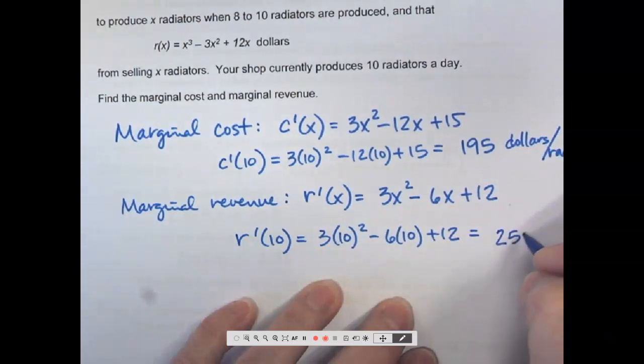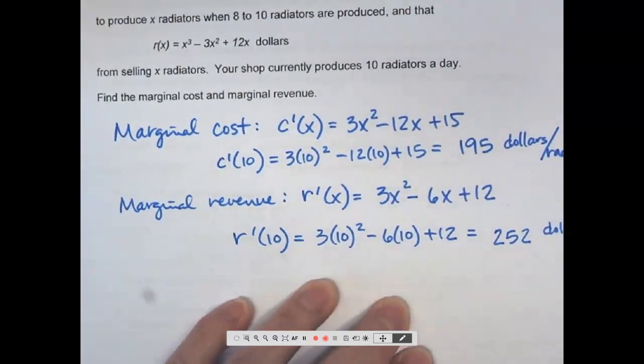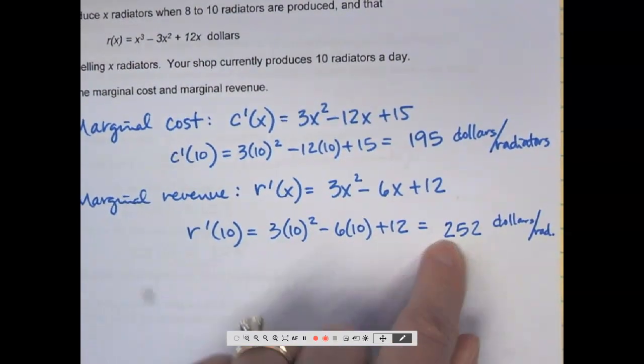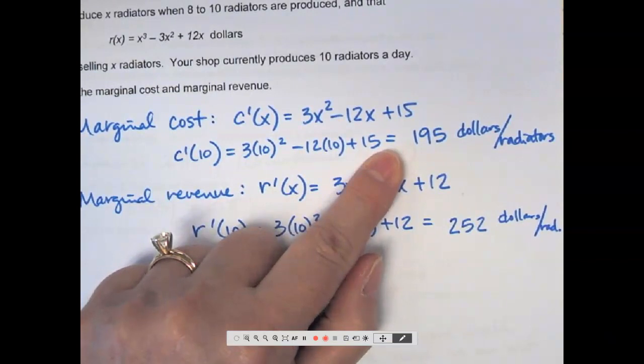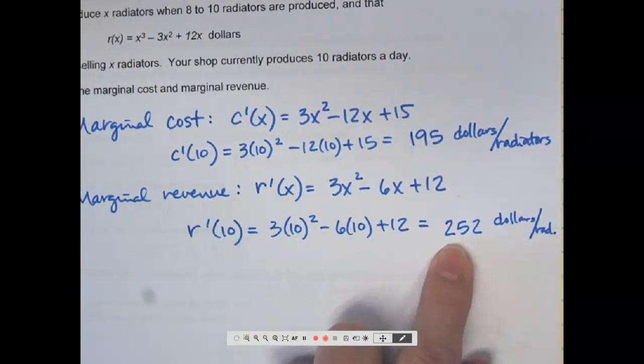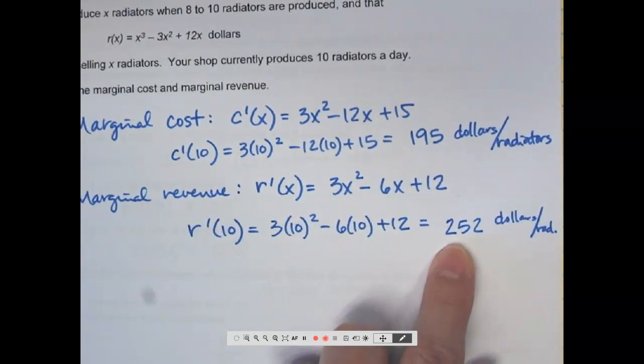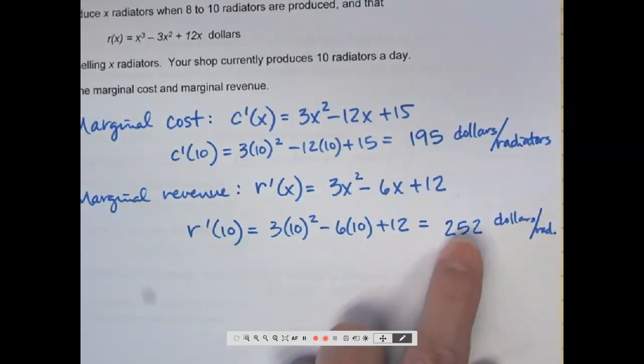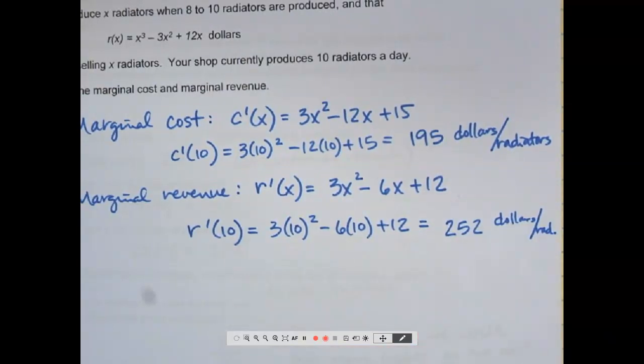It's $252 per radiator. Okay, so at least my revenue is staying ahead of my cost, which is a good thing, right? And my revenue is positive, which means the revenue is increasing. It's a rate of increase. I would definitely not want that to be a negative. Okay? All right, so that's the extent of our econ lesson.